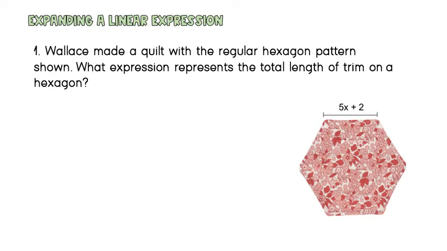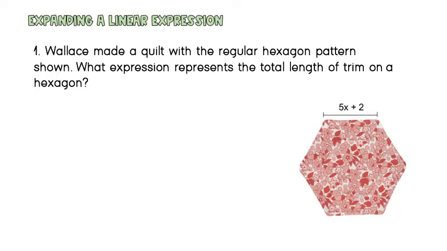Well, I could start off by writing 5x + 2 + 5x + 2 + 5x + 2 + 5x + 2 + 5x + 2 + 5x + 2, because that will give us the distance around our entire shape. But is there an easier way for us to do that?